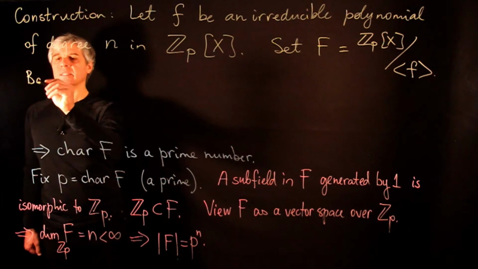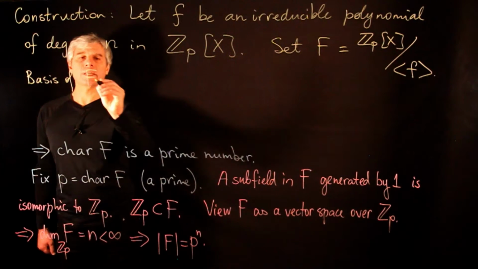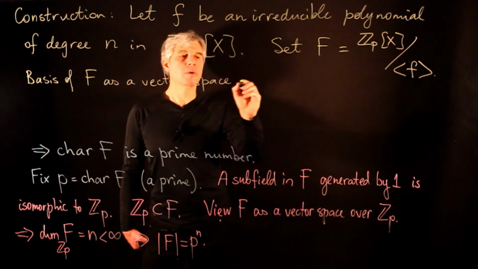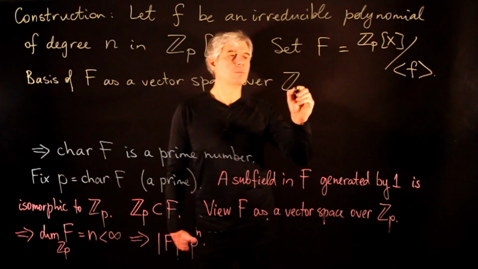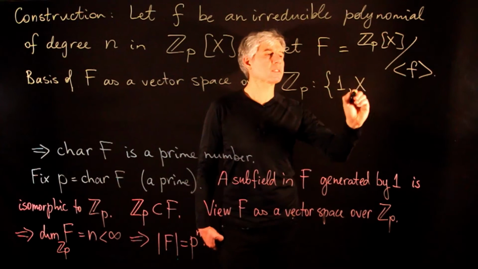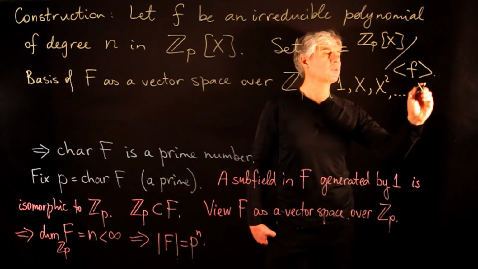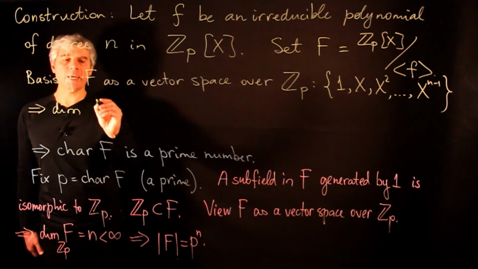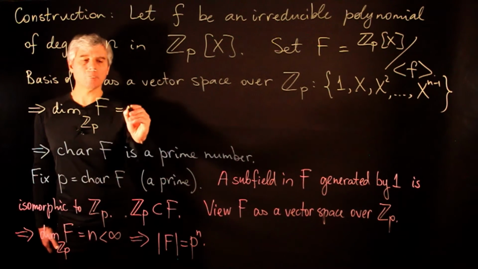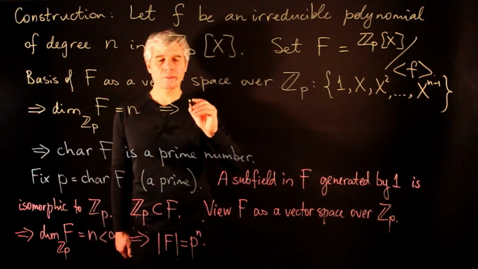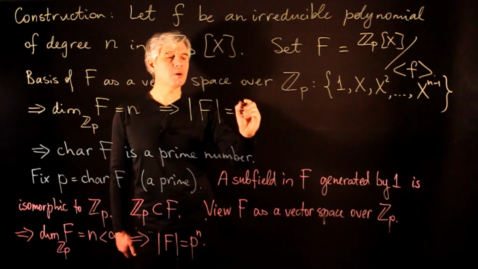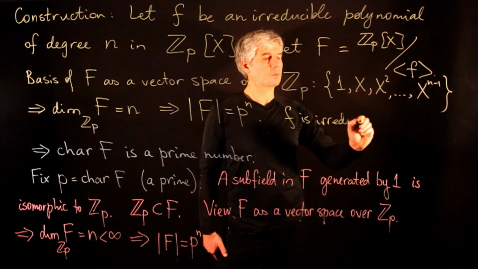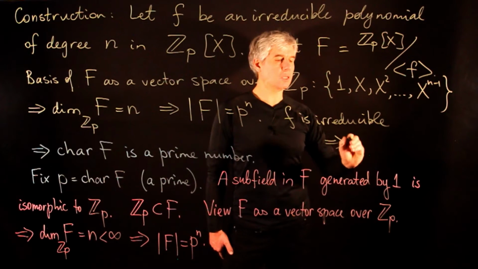So we have the following basis of F as a vector space over Zp. It will be 1, x, x squared, all the way up to x to the n minus 1. So from here we see that the dimension of F over Zp is equal to n, and hence the size of this field is p to the power n. And since f is irreducible, this construction gives us a field.